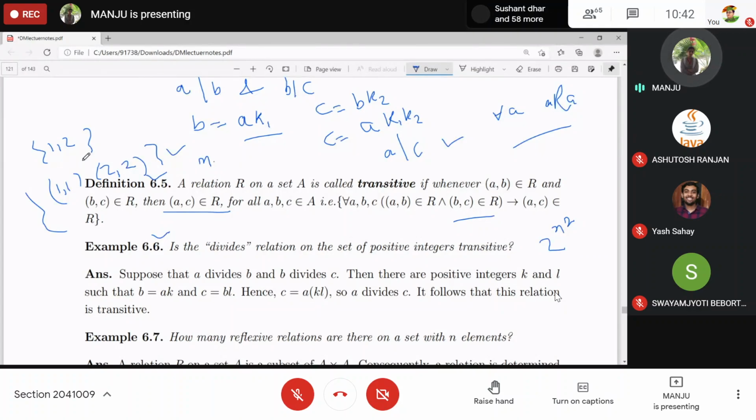How many other elements can be chosen? The remaining elements are n square minus n. We have already taken n out, right? How many subsets can there be? 2 raised to the power n square minus n, which is 2 raised to the power n into (n minus 1).